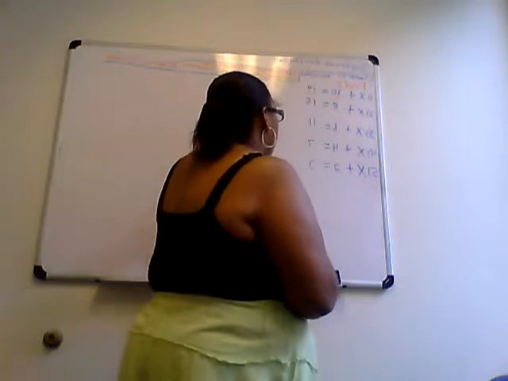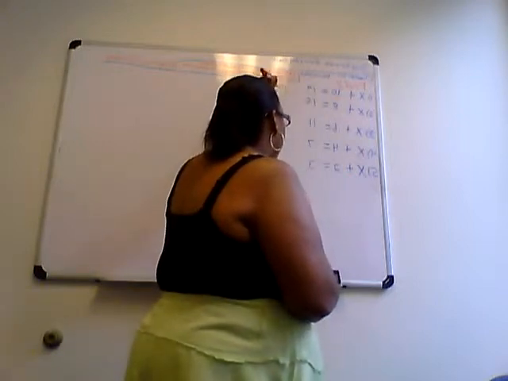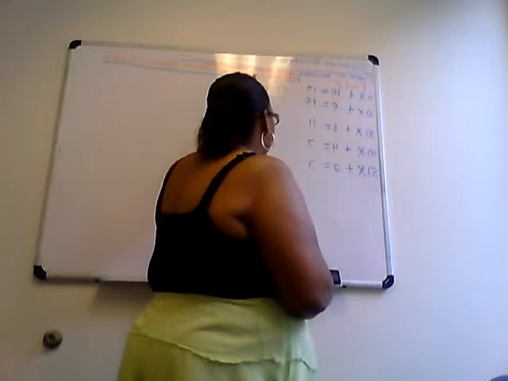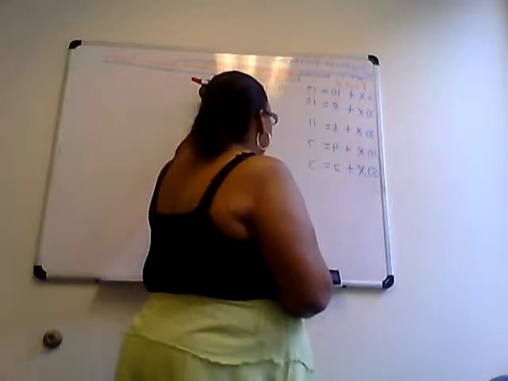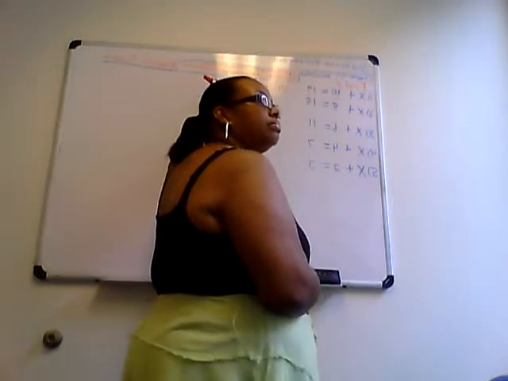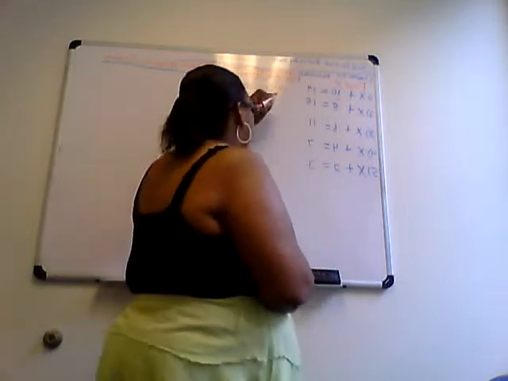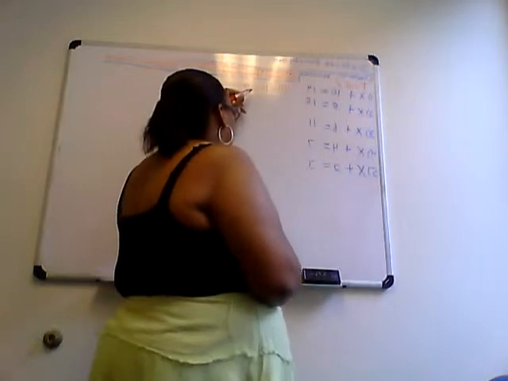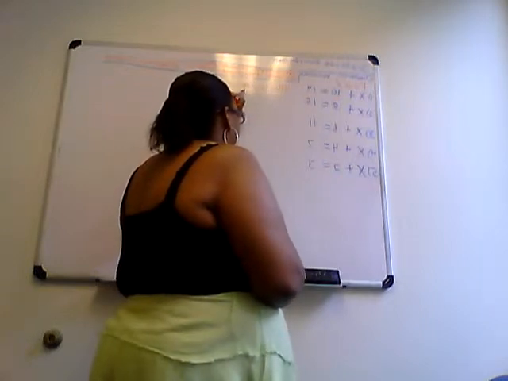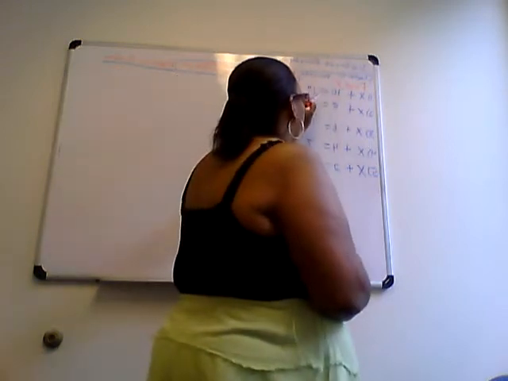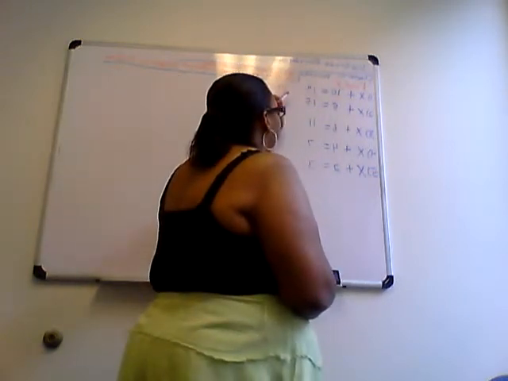Okay, let's try it. So we have 19 minus 10 equals, that's right, 9. So if 19 minus 10 equals 9, then x plus 10 equals 19.